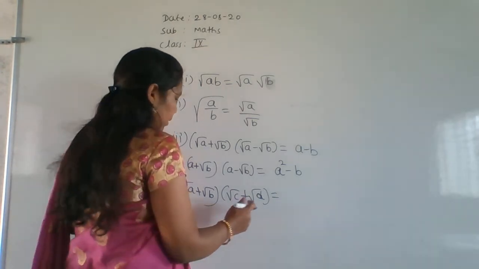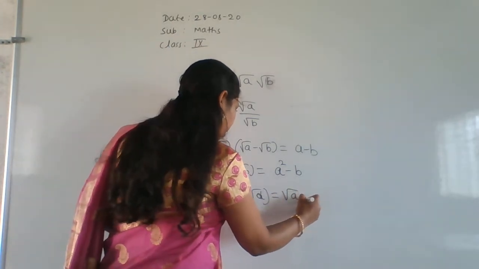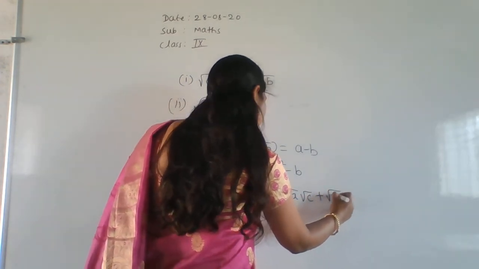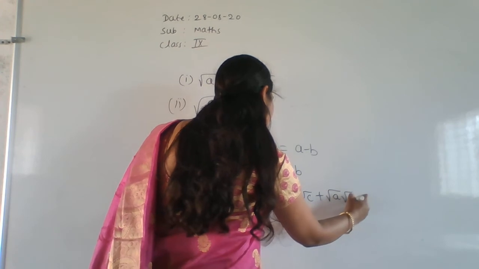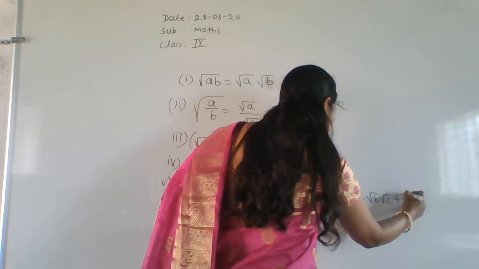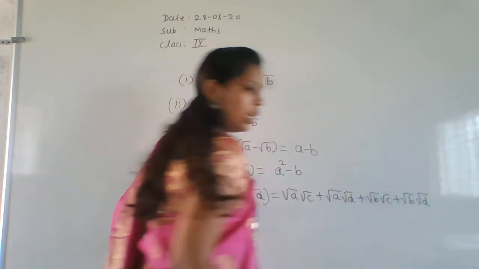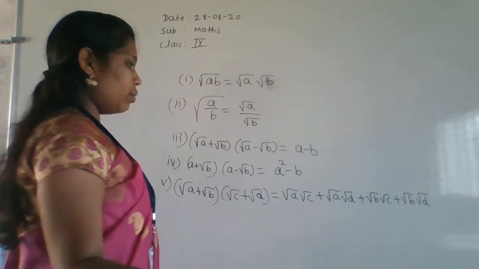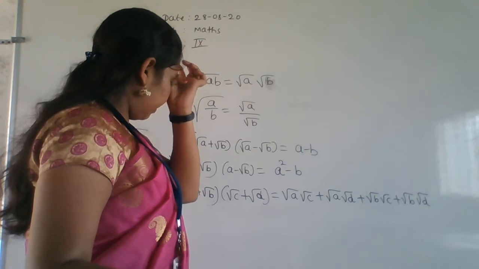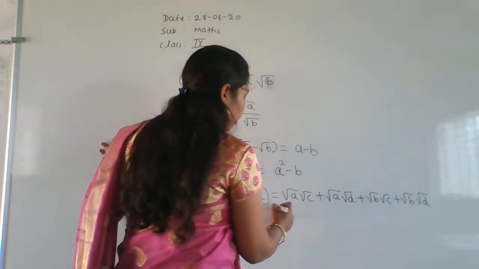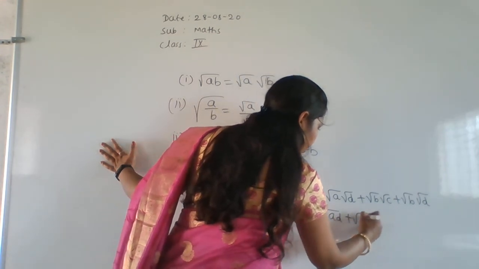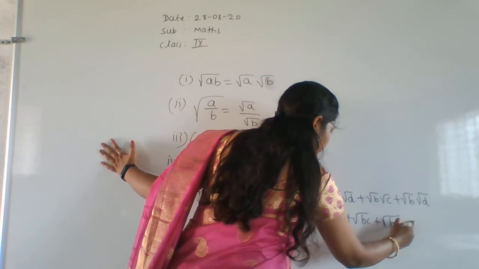So you have to multiply here: root A into root C, plus root A into root D. Next, root B into root C plus root B into root D. Like that you have to do the multiplication. So it is root AC plus root AD, plus root BC plus root BD.